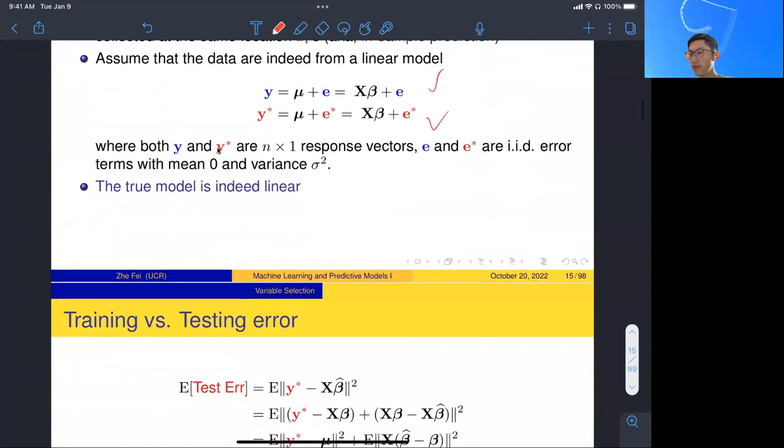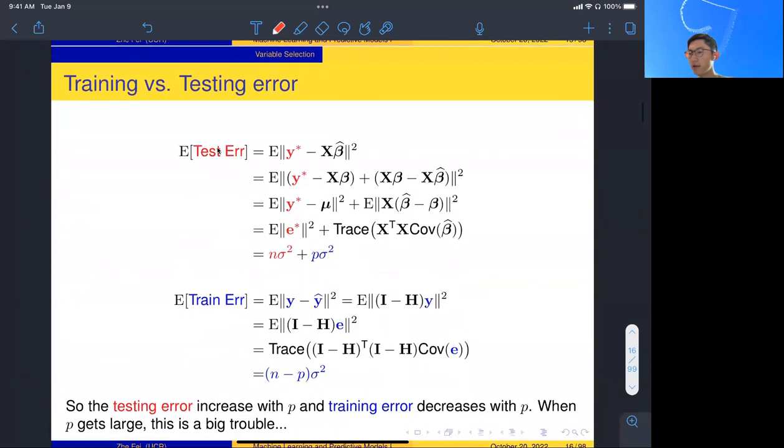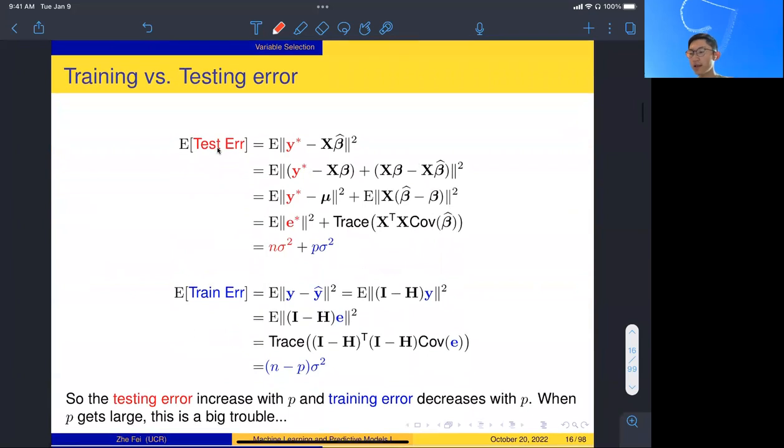But moving on, when we calculate the training error versus testing error, there is a substantial difference. Remember, we use the linear regression to estimate our beta hat. This beta hat is what we get from the training data.